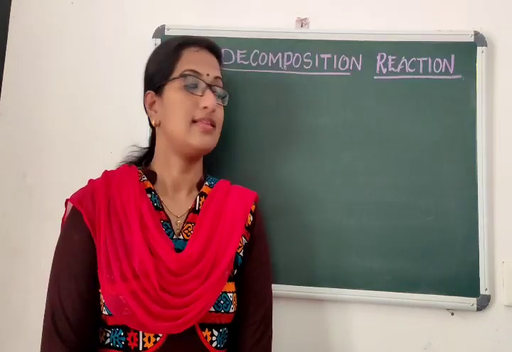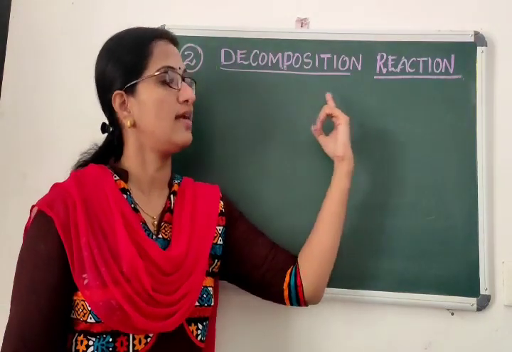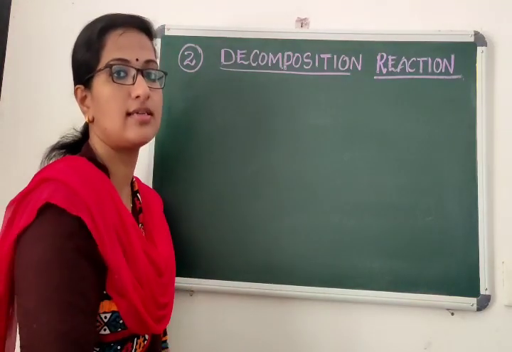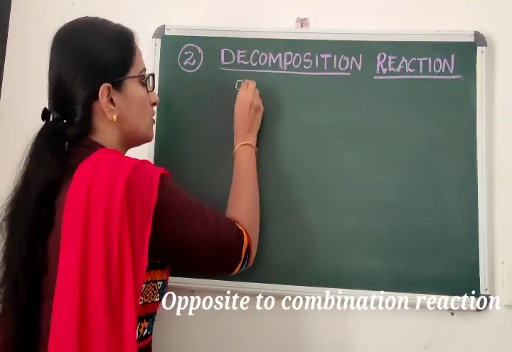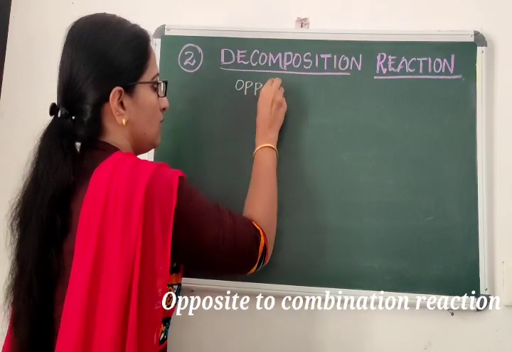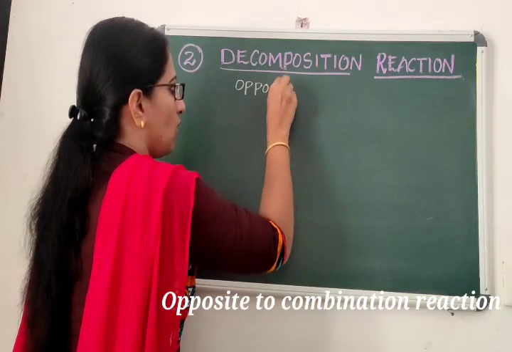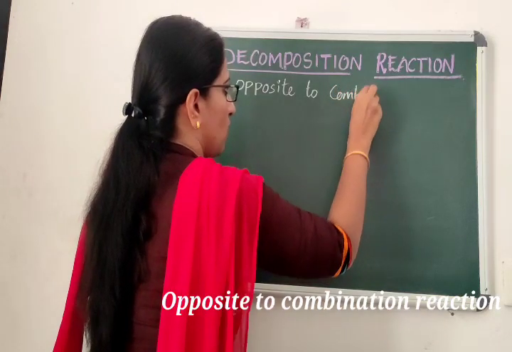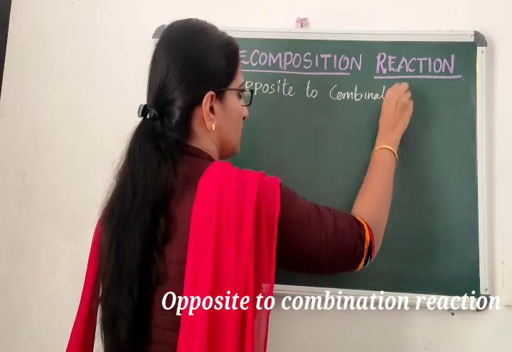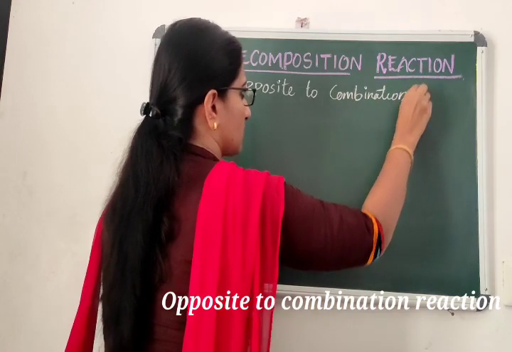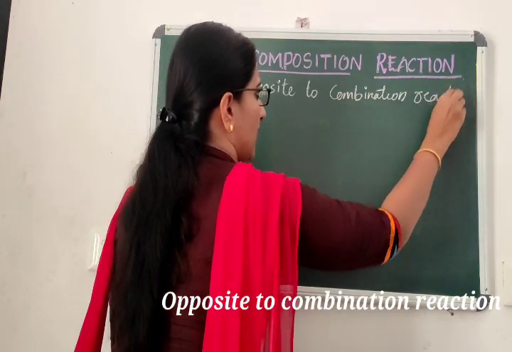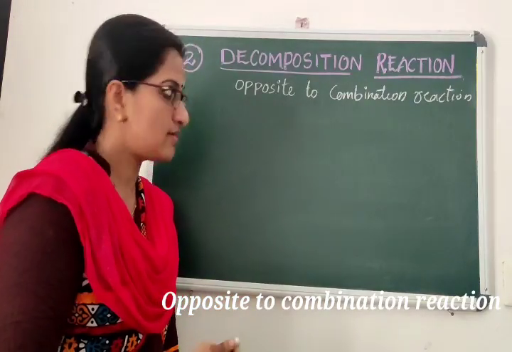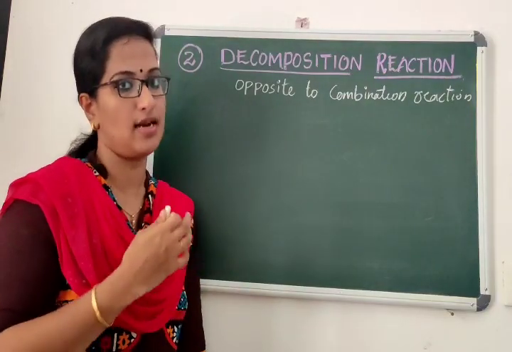Okay. The second type of reaction is the decomposition reaction. The decomposition reaction is just opposite to the combination reaction. Note the point. Why is it opposite to combination reaction? Because in a combination reaction, two or more reactants combine to form a single product.